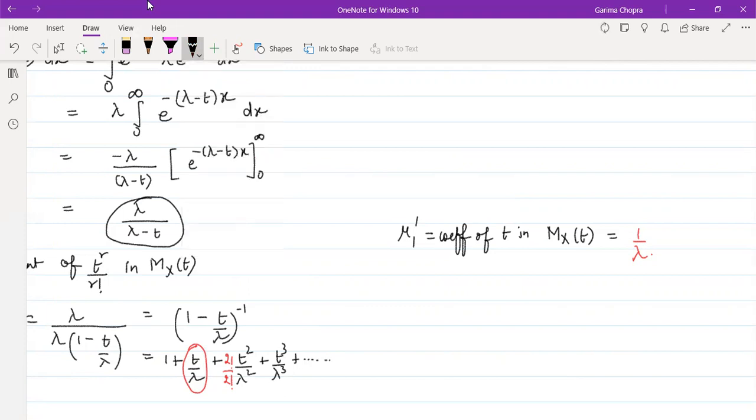So mu2 dash, which is the second moment about origin, is the coefficient of t square upon 2 factorial in the moment generating function, and from this series we can see that this coefficient is 2 upon lambda square.